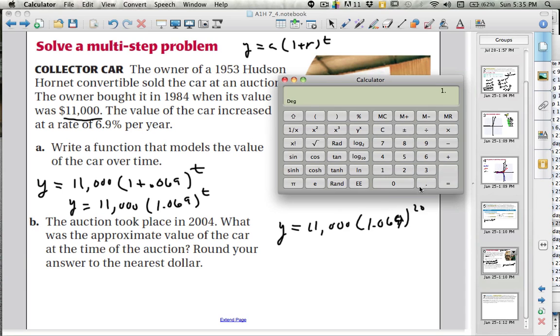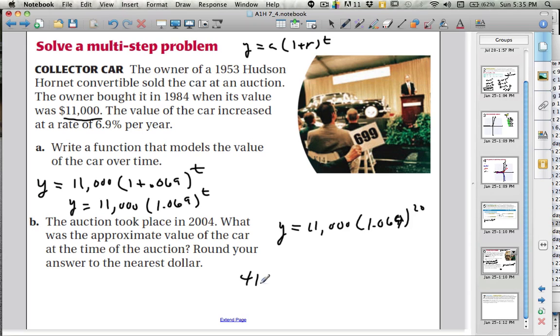So I have 1.069 to the 20th power equals this value, and then I'm going to multiply it times the initial amount, 11,000. So it's $41,777.92. Okay, I only round it to 2 decimal places because we're talking about money. So we only go to cents when we're talking about money.